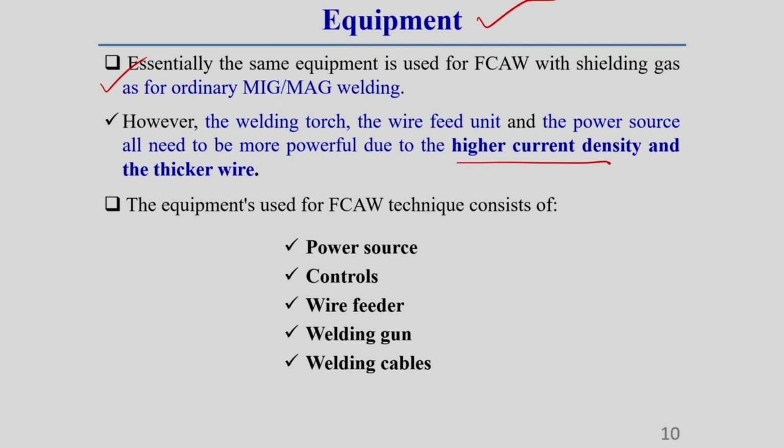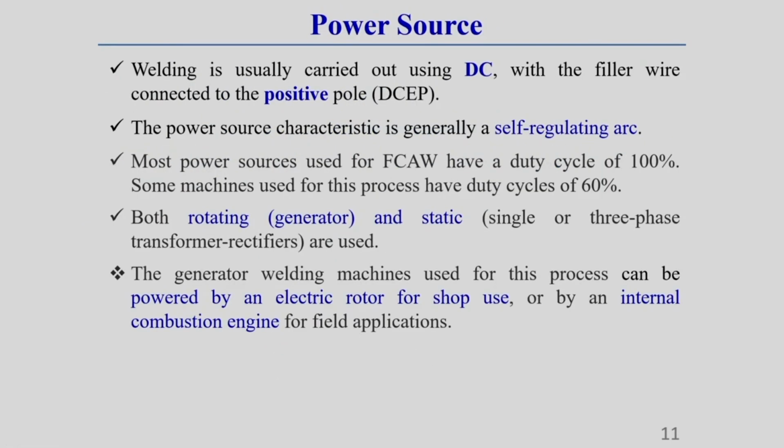To control that thick wire and higher current density, the power source should be more powerful. The equipment used in flux core arc welding consists of the following main parts: power source, controls, wire feeder, wire, welding gun and welding cable. Everything I will discuss in detail in subsequent slides.